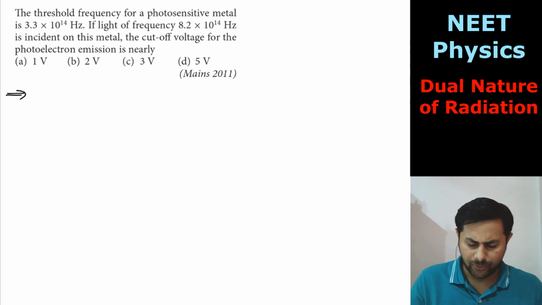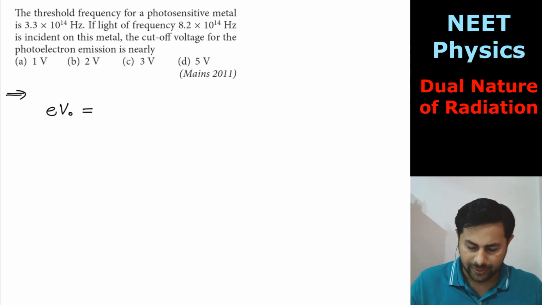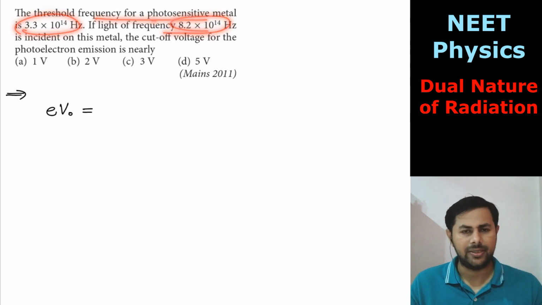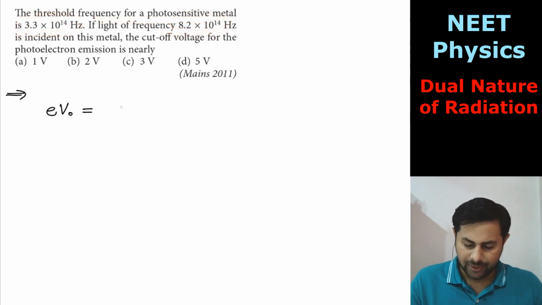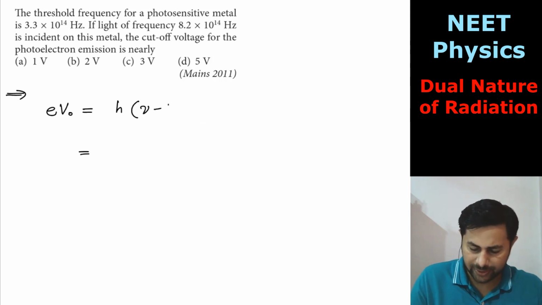Right, so you want cutoff voltage, which means you need to use this formula. E V0 is equal to what? The frequency is given. Threshold frequency is this much and frequency of light is this much, right? So h nu minus h nu naught, or you can take h common, it's nu minus nu naught.